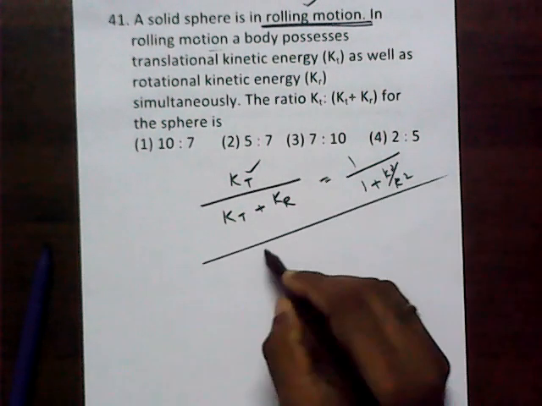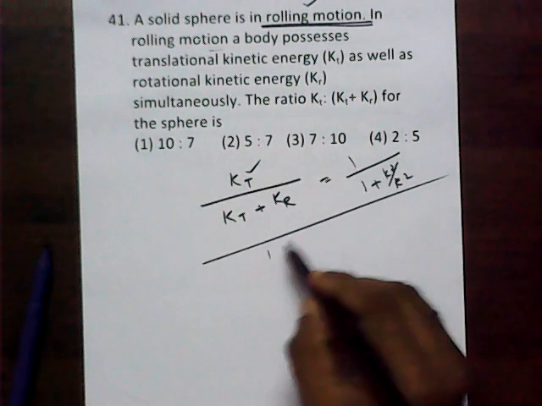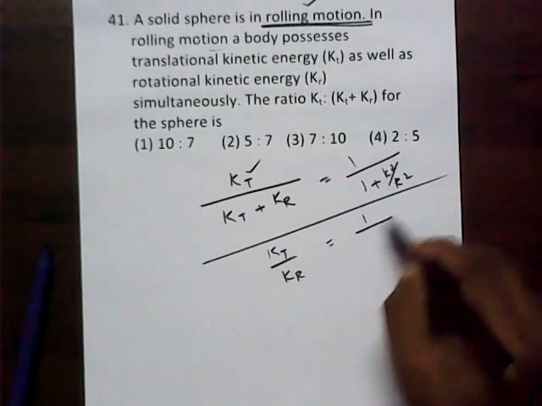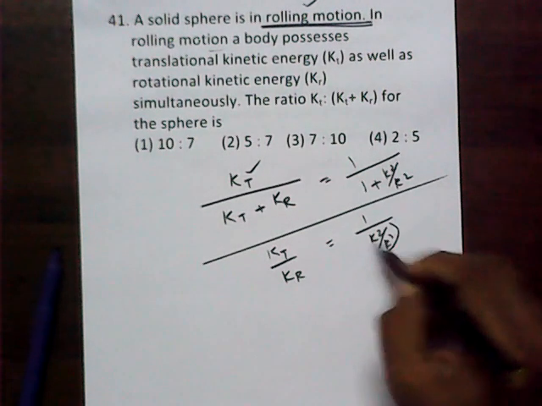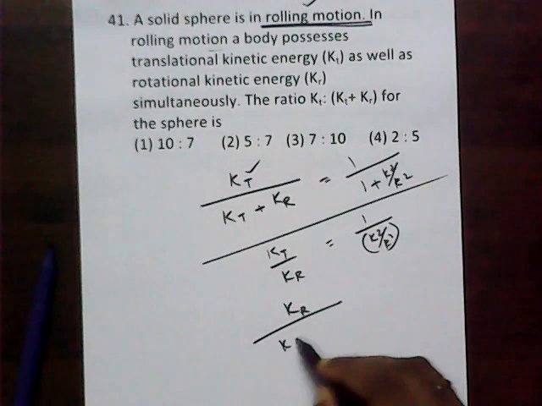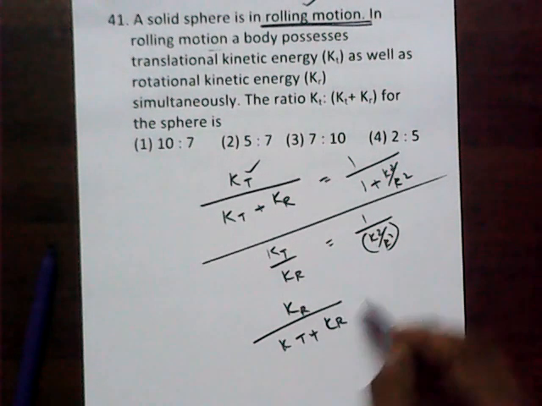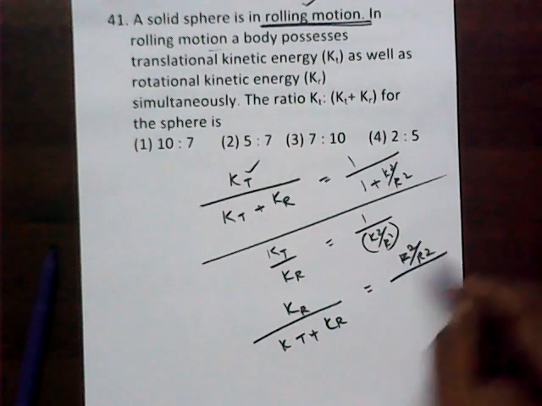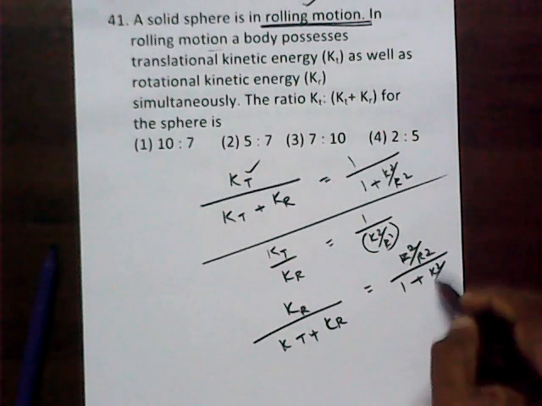But if you want to find Kt by Kr, the simple relation is 1 by k square by r square. If you wanted to find Kr by Kt plus Kr, then it is easy to find as k square by r square by 1 plus k square by r square.